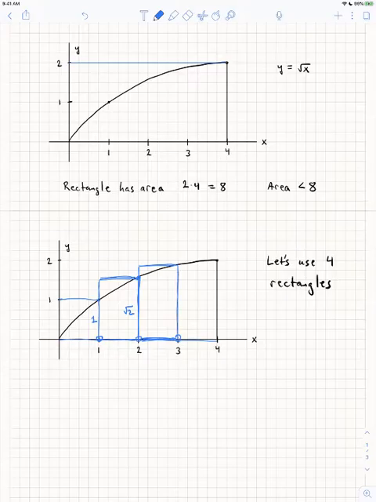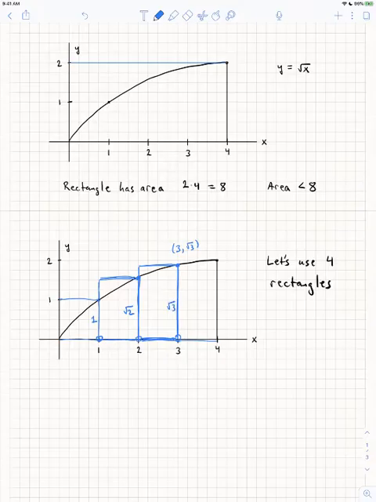Well, it's determined by the curve. And the curve is the square root function. So the y value here is the square root of 3. The point is x value 3 and y value square root of 3. So that means y, which is the height above the x-axis, is square root of 3. So that's the height of that rectangle.